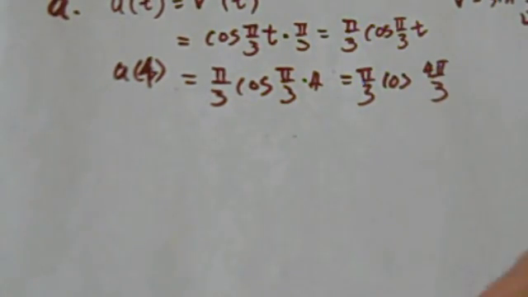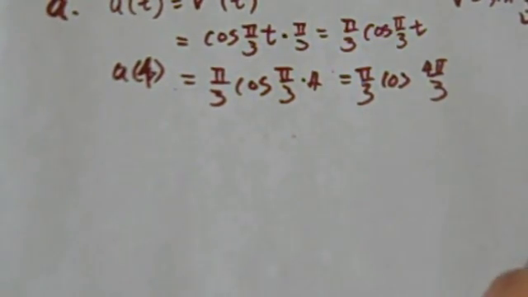Now in trigonometry, you learn that 4 pi third is 240 degrees. Cosine of that is negative 1/2. So you end up with pi third times negative 1/2. That gives you negative pi over 6. So this is our answer for part A.